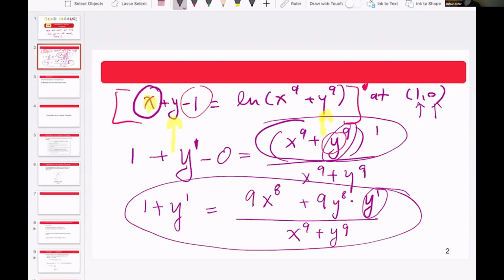Once you have y prime, the rest is easy because y prime evaluated at this point is just the slope of the tangent line. Once you know the slope and the point, which is already given, 1 and 0, you can go ahead and write down the point-slope form of the equation for the tangent line. Okay, is this clear?